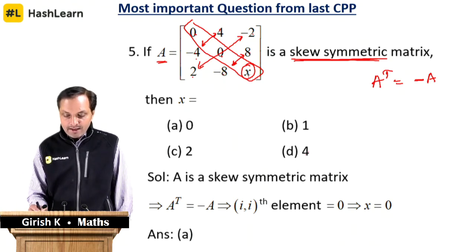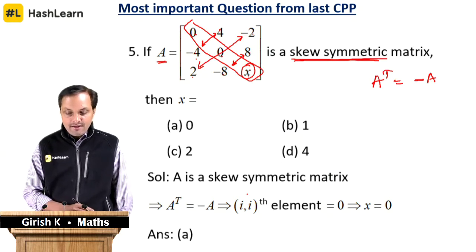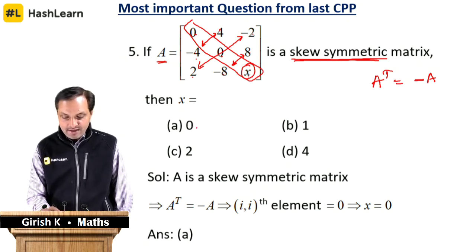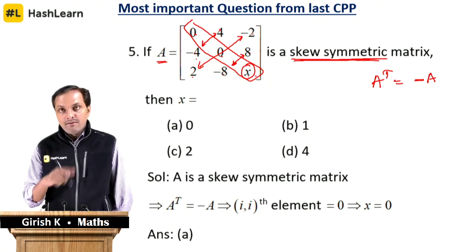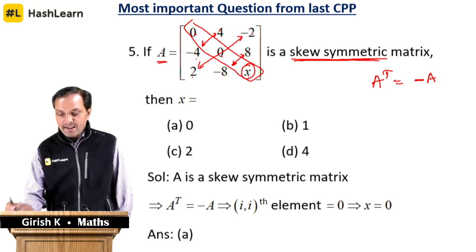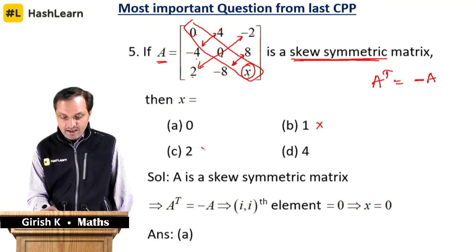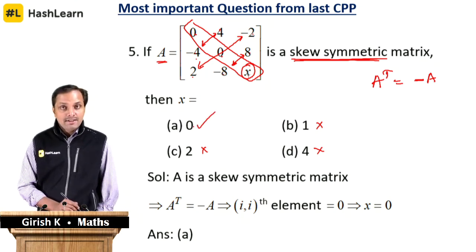Therefore, by looking at the various options, since there is a negative sign, X can be 0, but X can be 1 is not a possible case. The reason is, when X is 1, when you transpose it and take minus A, it will give you minus 1. Therefore 1 cannot be a number, X can be only 0.